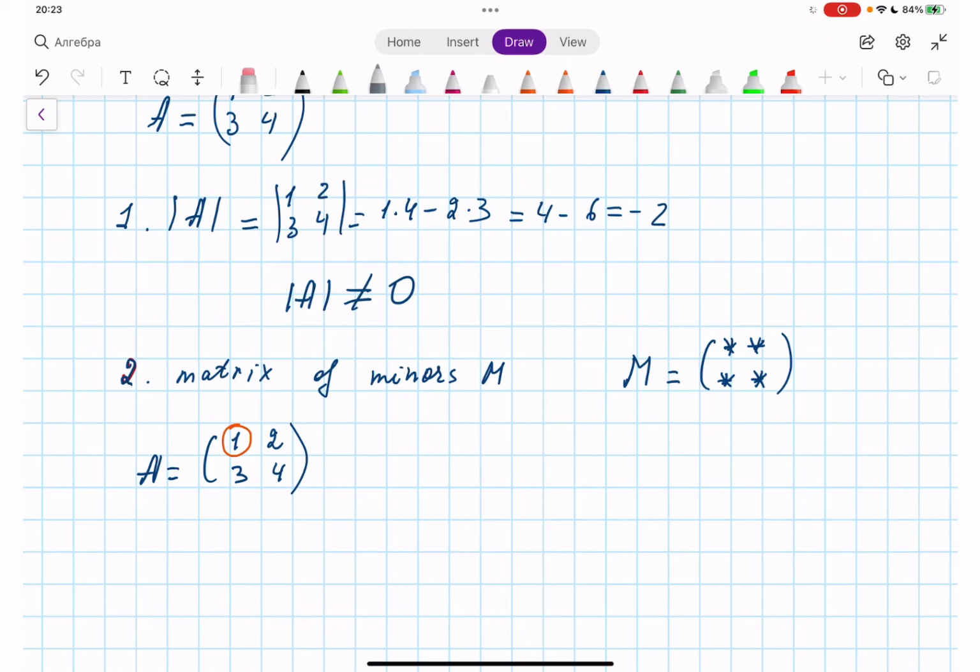Take the first element and cross out the row and the column where this element is located. And we have 4 left. So this 4 we are filling in the matrix of minors.